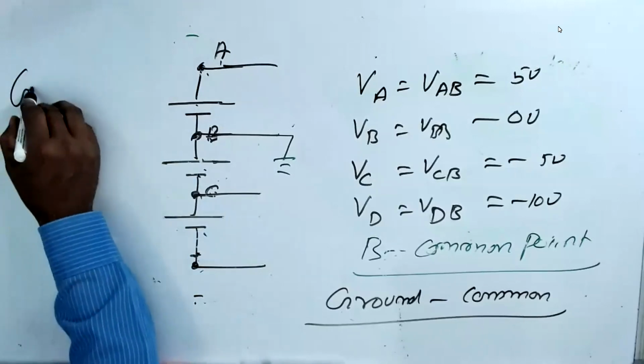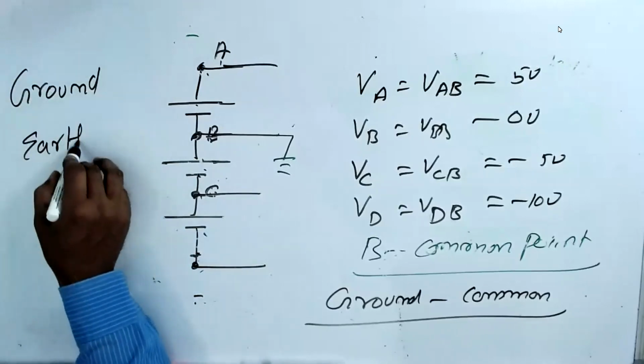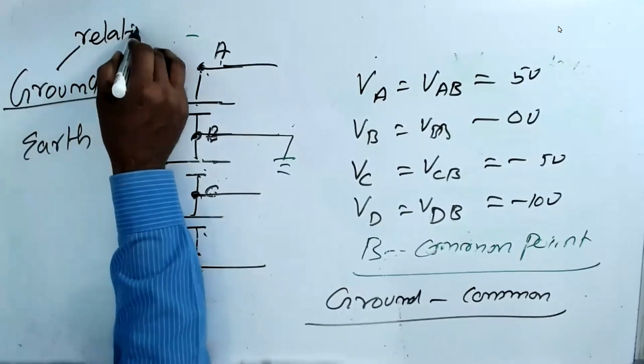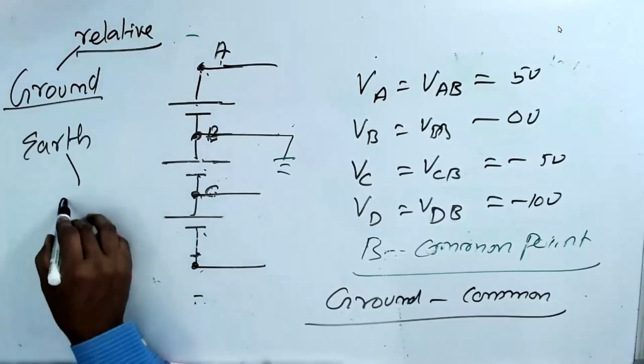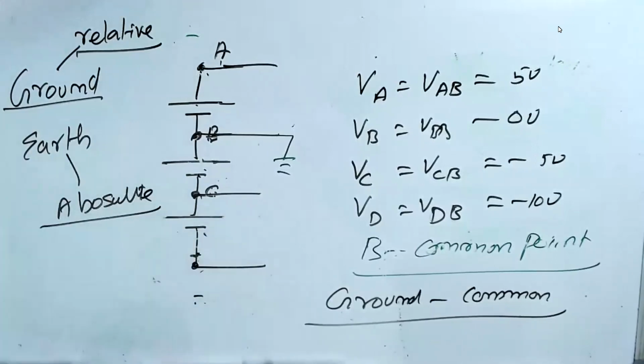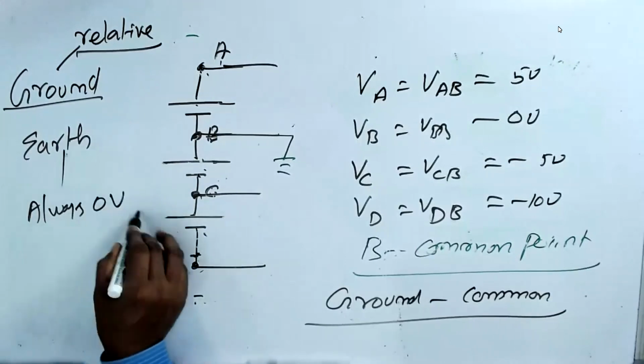One is called ground, one is called earth. The ground is relative. The earth is absolute. Understand the difference between absolute and relative. Earth is always 0 volt.